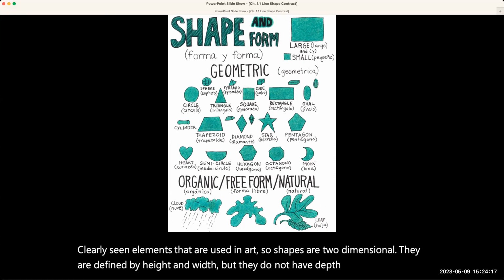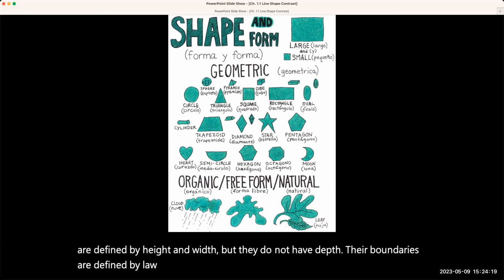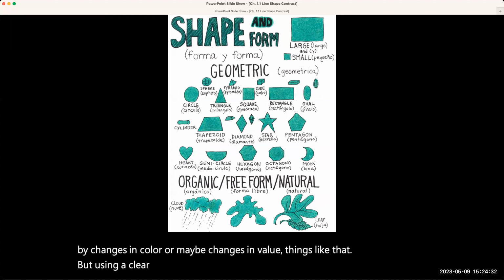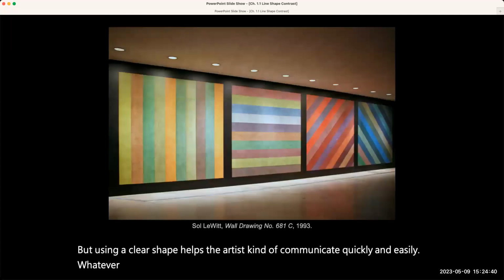Their boundaries are defined by lines generally, or they can be suggested by changes in color or maybe changes in value, things like that. But using a clear shape helps the artist kind of communicate quickly and easily whatever they're trying to communicate.